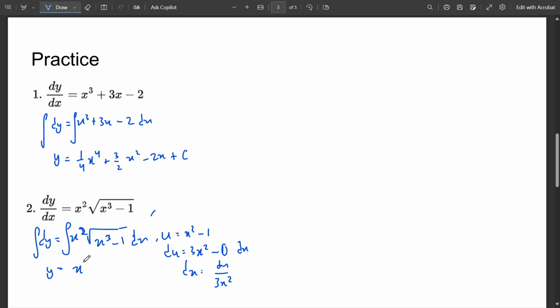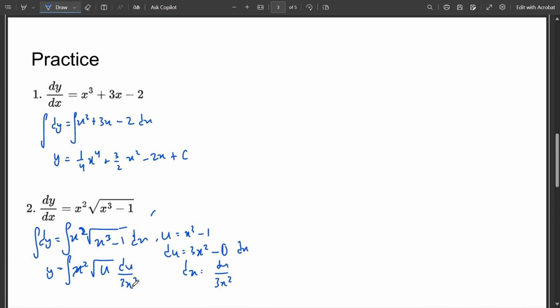We have the integral of x squared times the square root of u, and dx is du over 3x squared.